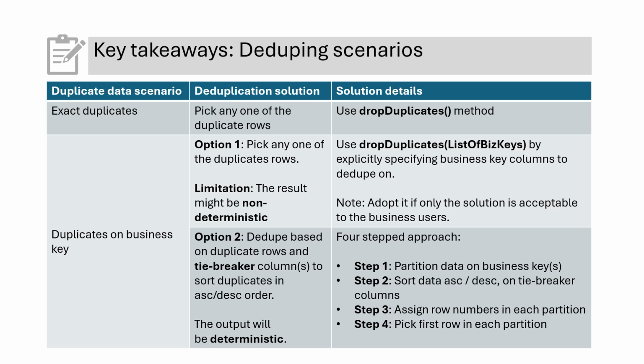Option one, pick any one of the duplicate rows. For this, we can use the drop duplicates method of the data frame, but this time passing it the business key as parameter. However, this method has a limitation. The result might be non-deterministic, meaning every time you do it, it might return a different result.